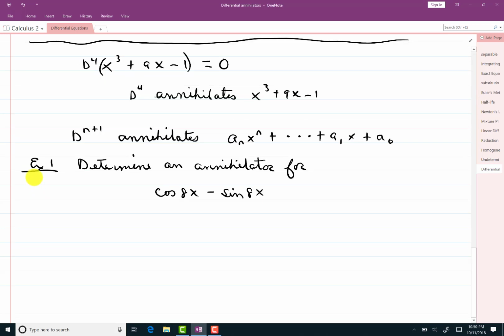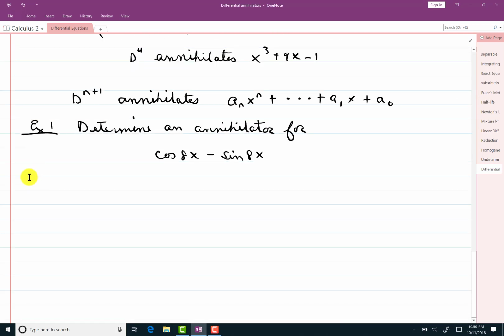I sort of indicated before that the second derivative plus 1 will wipe out cosine, and the second derivative plus 1 will wipe out sine of x, as long as you add the original to it. Here's what I mean.